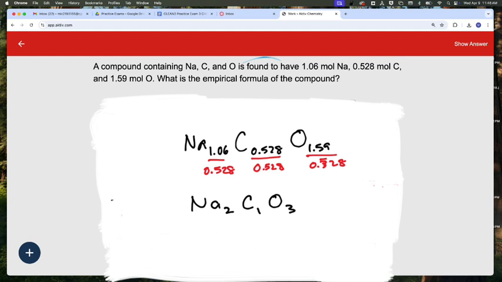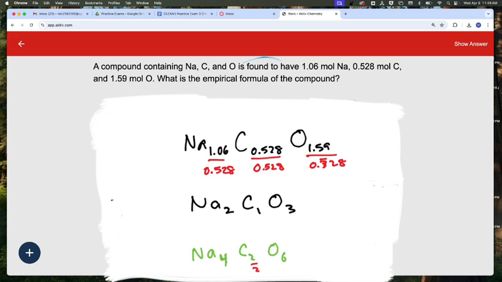Right? Because we could have more. I could have had the formula Na4C2O6. Right? Does that still match the data that I've got? Actually, yeah, 100%. Because if I have Na4C2O6, what could I do?